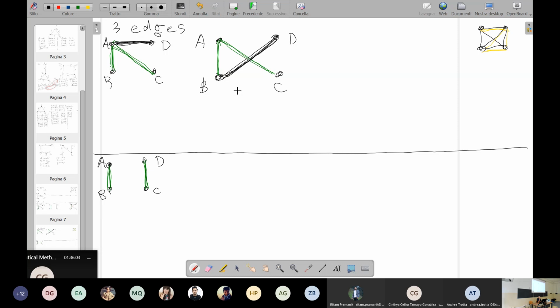What happens now if we add, well, the one up, the one here, and we have one here. Let's see. What about adding this lower one? Do we get something new?